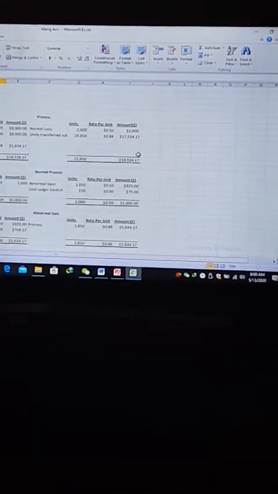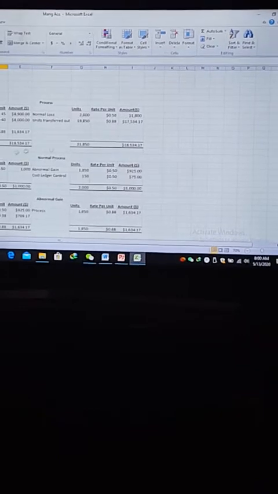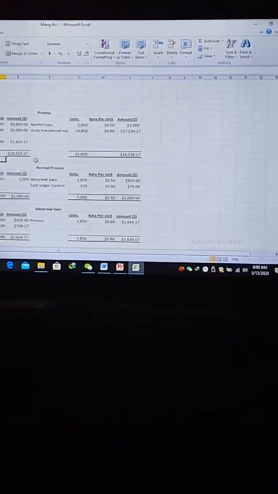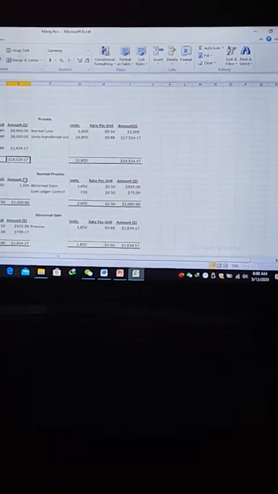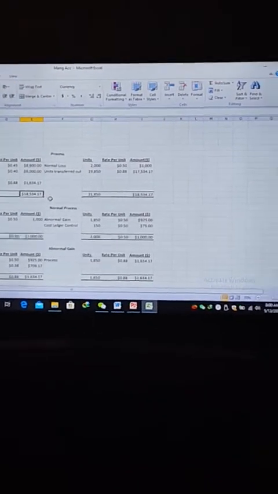When you do the total for both processes, you can see that they're equivalently the same, which means the units are 21,850, and the amount is $18,534.17. So you can see that the production cost and the process costs are similar.